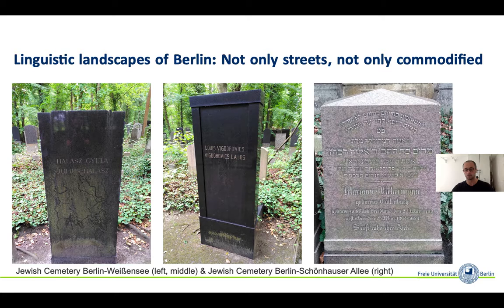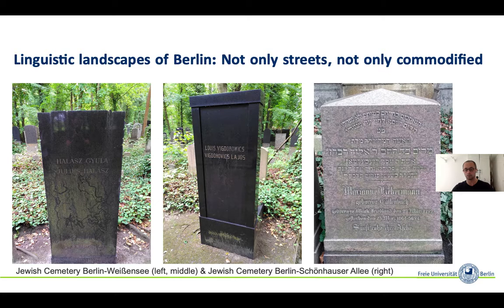And even when it comes to names, right? So you have here on the two pictures on the left, you see first Hungarian and then German, and then the other way around on the second one. Right. And here it says something probably more about the social identity of the person who died, right?